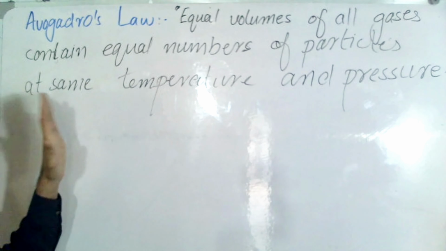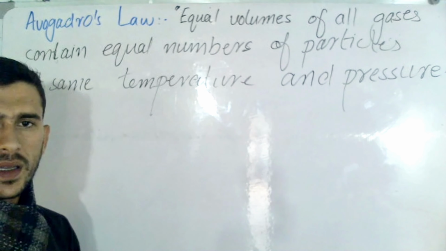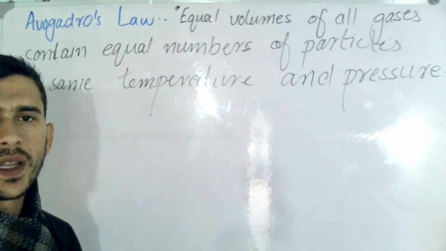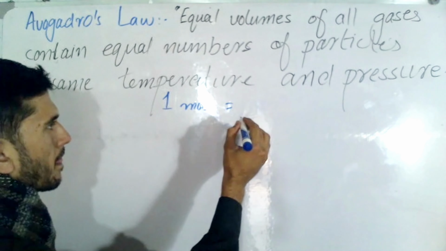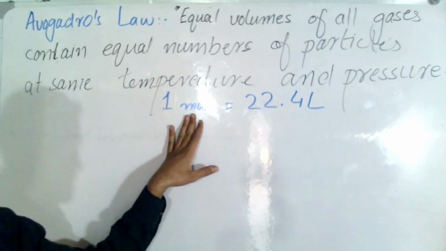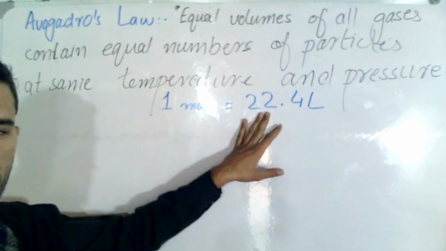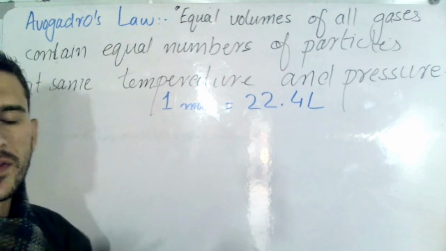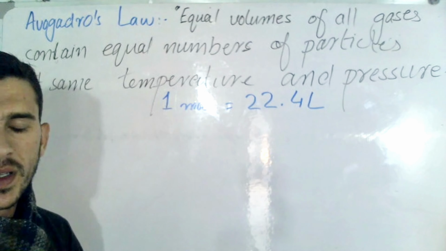So, according to Avogadro's law, we find the relation of mole and volume. According to this law, all gases contain the specific volume, means 22.4 liters. It is also called the molar volume.